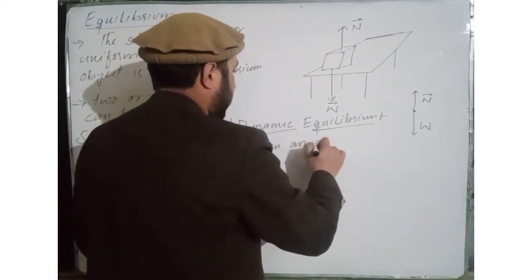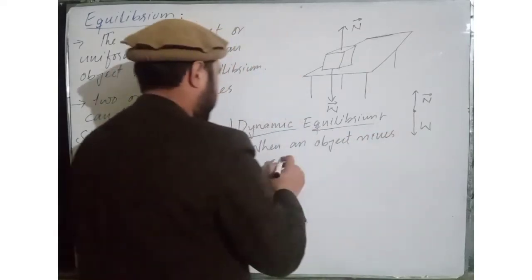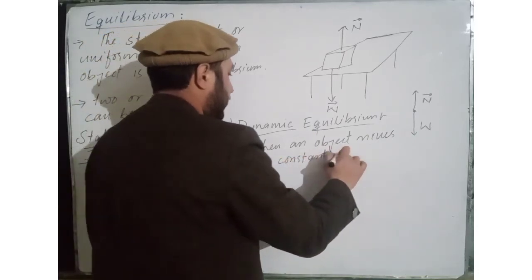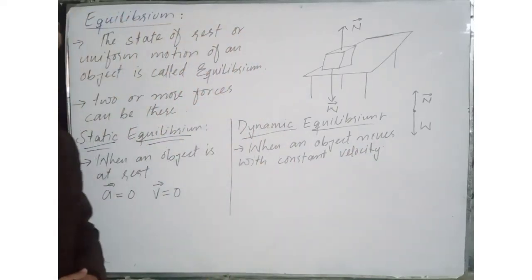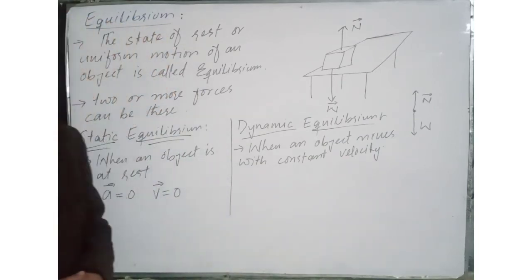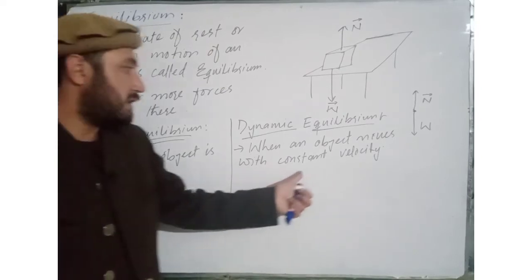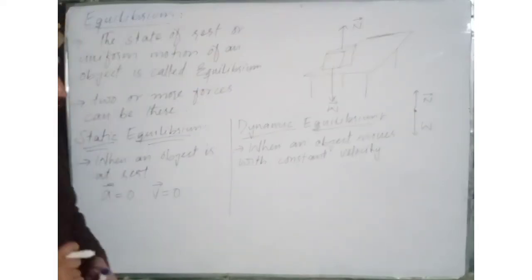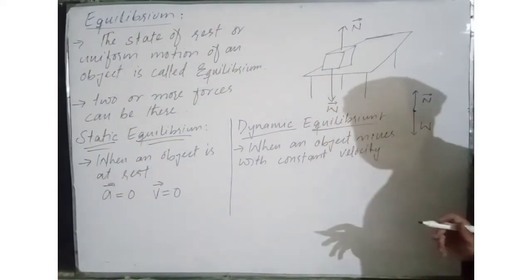When an object or a body moves with constant velocity, such an equilibrium is what we call dynamic equilibrium. Here the acceleration will be zero, but the velocity of the object will not be zero. Obviously, as it is moving with constant velocity, we will have a certain value for velocity, other than zero. Okay, now dynamic equilibrium can be further categorized into two different types.